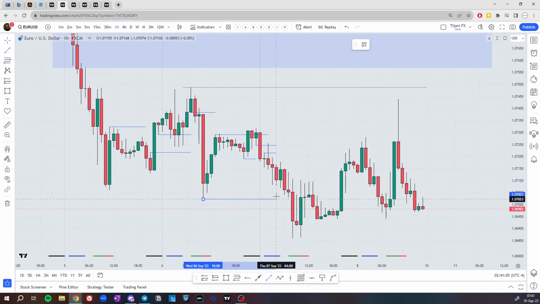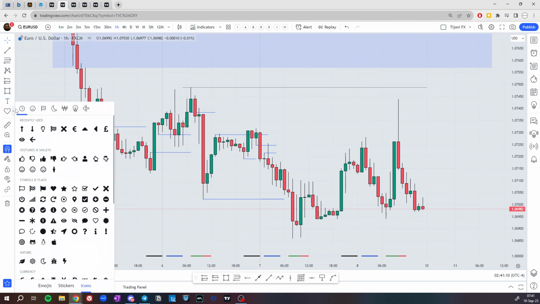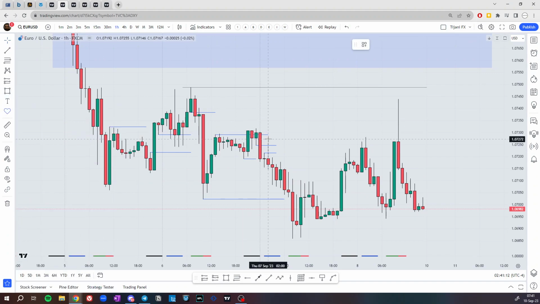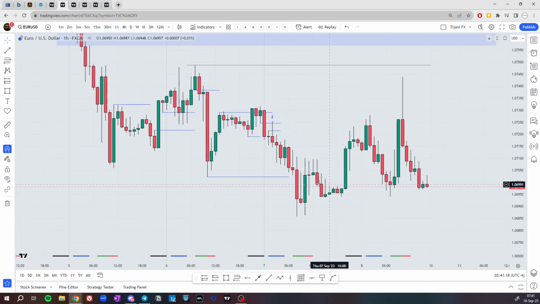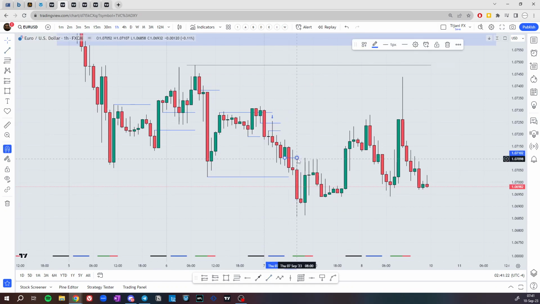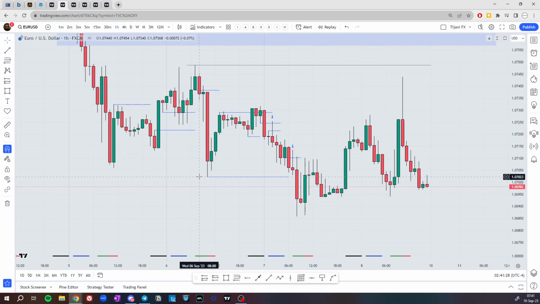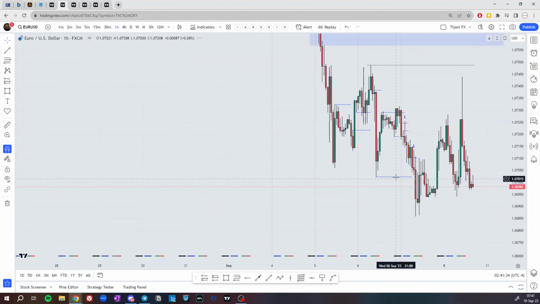This was my target. So I looked for an entry during this fair value gap, then a second entry at this 1 hour order block at New York kill zone. Price has dropped lower below the sell side liquidity here, right?